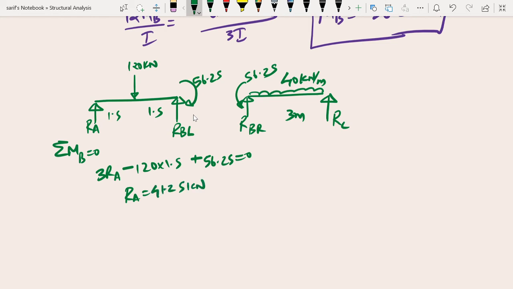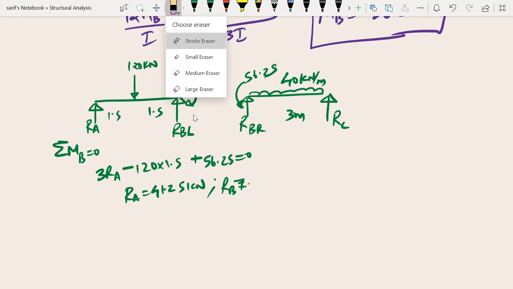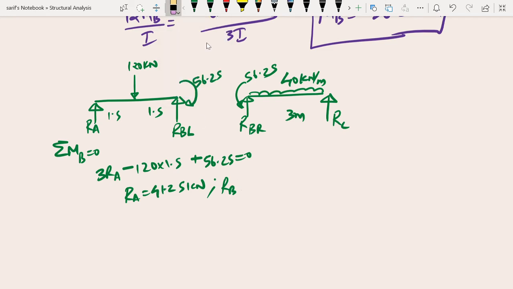We can also see that RB left comes out as 78.75 kilonewton.